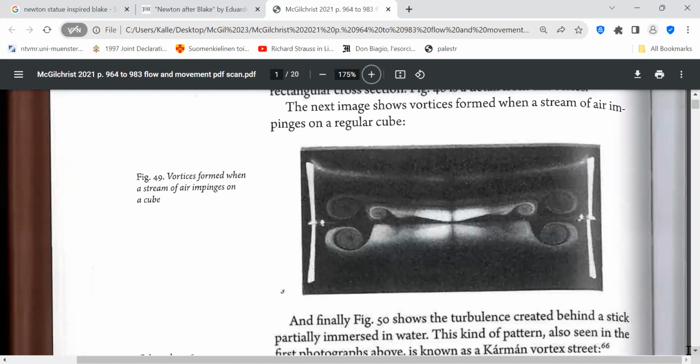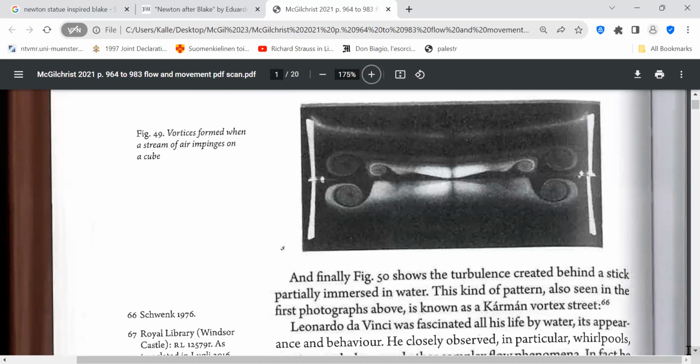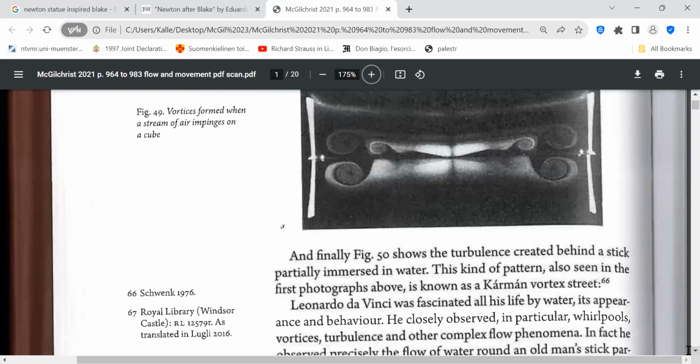The next image shows vortices formed when a stream of air impinges on a regular cube. And finally, figure 50 shows the turbulence created behind a stick partially immersed in water.